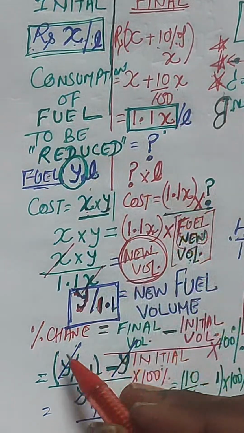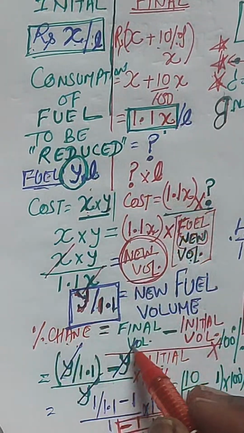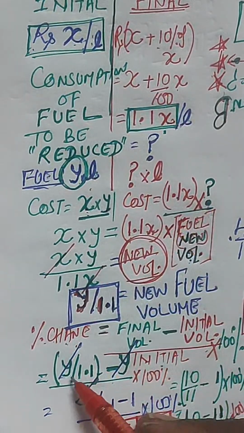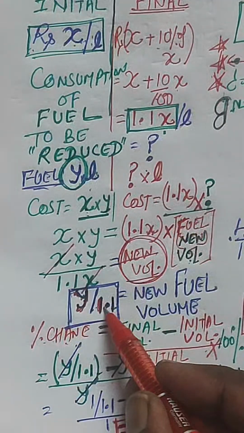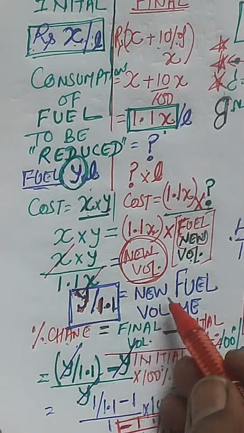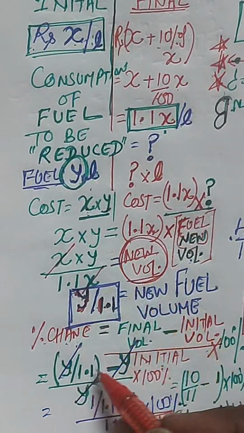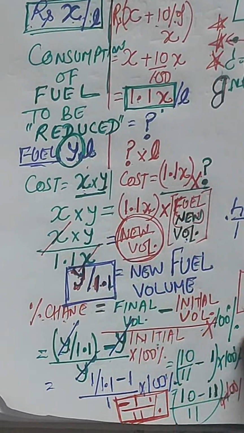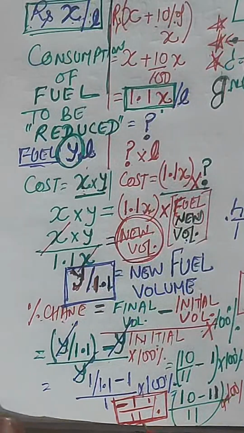Now the percentage change is final minus initial by initial, into 100. So this gives y by 1.1 minus y, by y, into 100%. This gives the final answer as minus 1 by 11%.